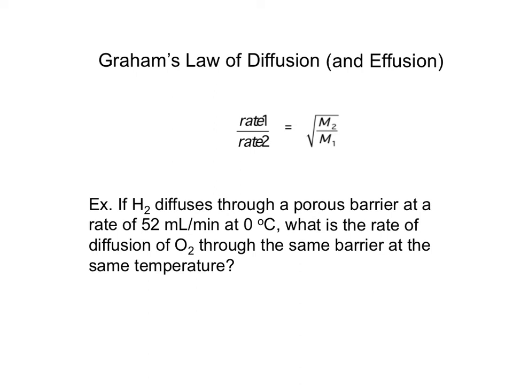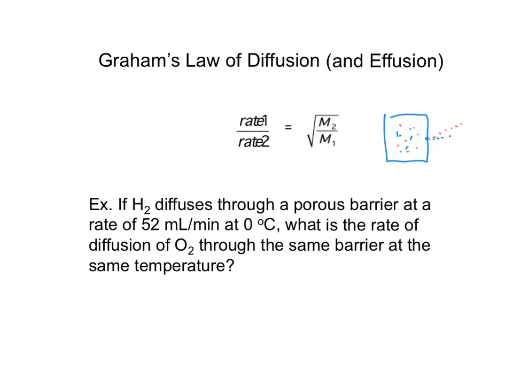And then effusion is different. You have a container, I'll make it square here, with a little hole in it, and you've got some gas inside. If there's a hole in it, the molecules can effuse out of it. So now the idea is if you've got two different types of molecules, one lighter than the other, make the red molecules lighter, those molecules are going to come out faster than the blue ones.